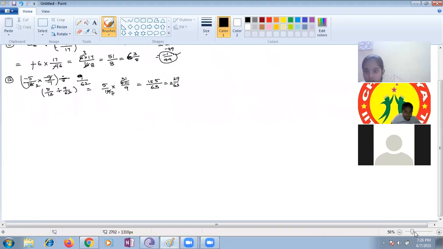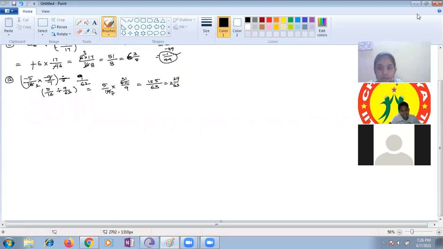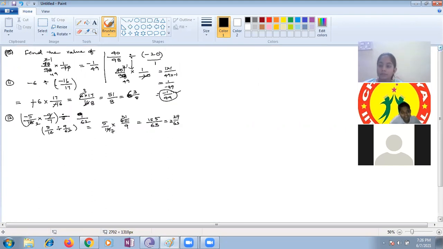Just a minute, I'll zoom out a little so that the children can see the complete part. What is the question, Aditi? Divide 1 by 2 plus 1 by 3 by 1 by 3 minus 1 by 2. I think this is the question.